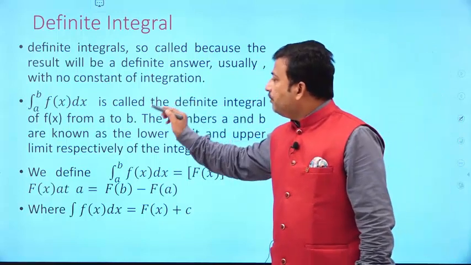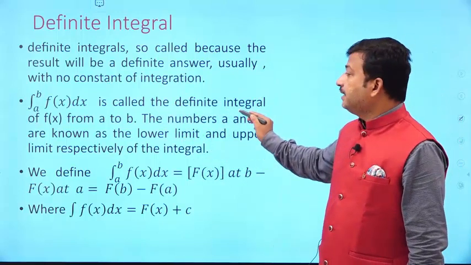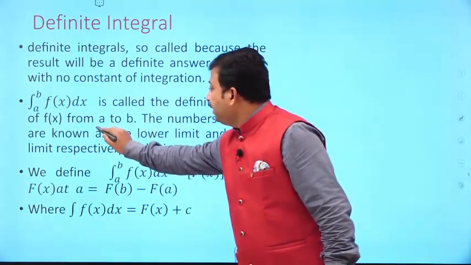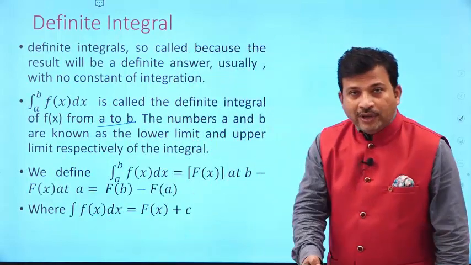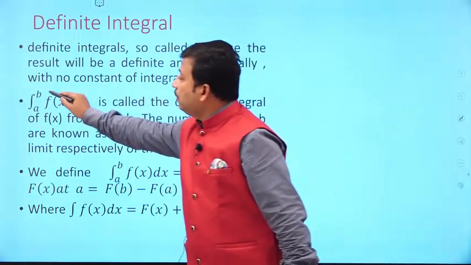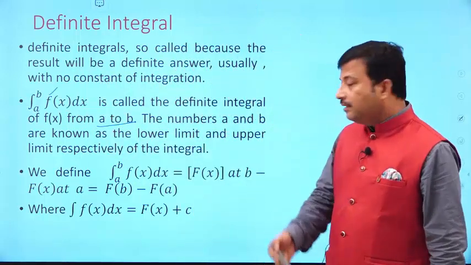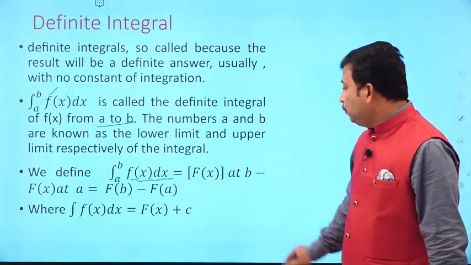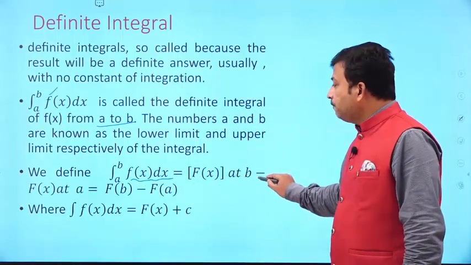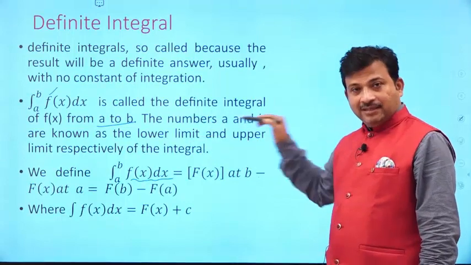Integration from a to b of f of x dx is called the definite integral, right? From a to b, where a is your lower limit and b is your upper limit. So we define it like this: integral from a to b of f of x dx equals F at b minus F at a.